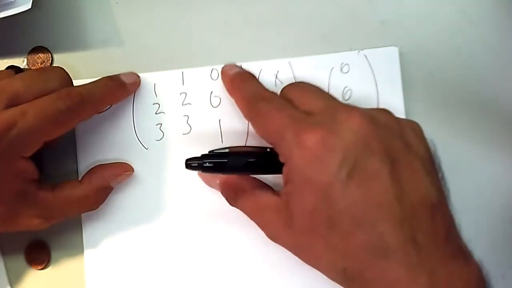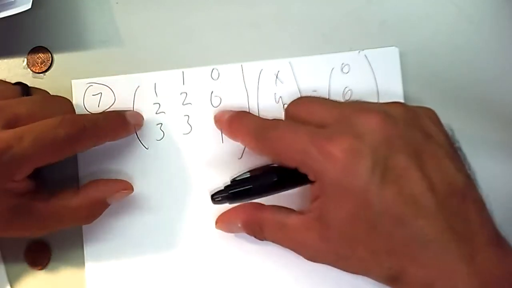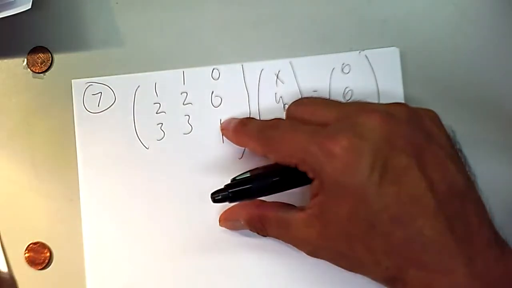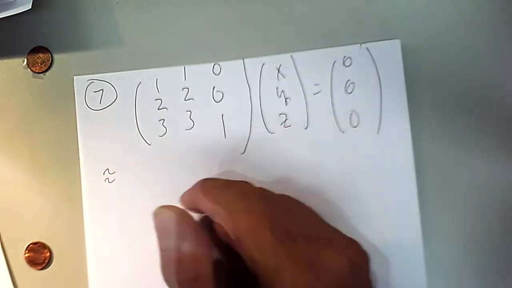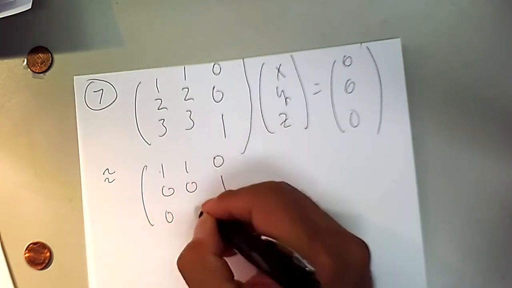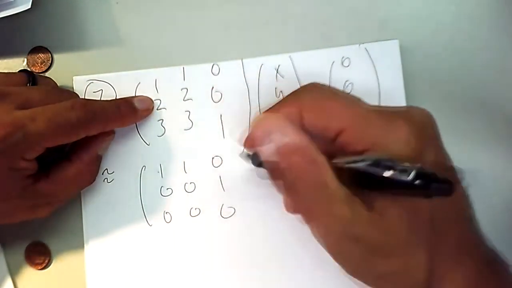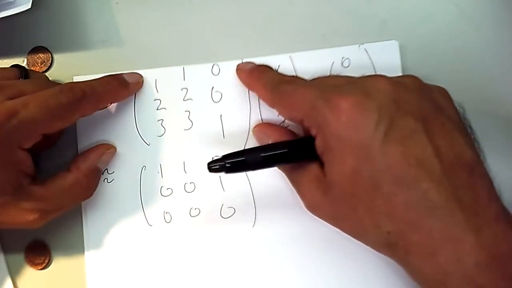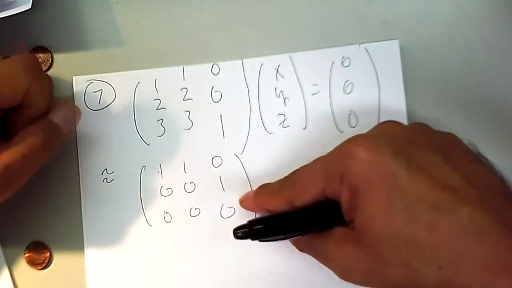Before flipping, we can take three of those from this, and we end up with 0, 0, 1. So this system of equations is equivalent to 1, 1, 0, 0, 0, 1, 0, 0, 0. Again, this row minus twice that row gives us a row of zeros, which can go on the bottom. This row minus 3 times that row gives us 0, 0, 1. There it is. That's as simple as we can get.